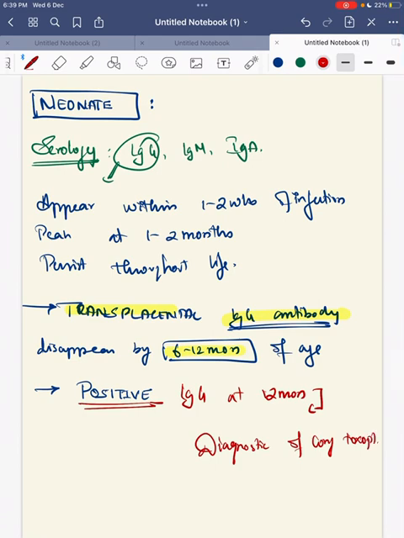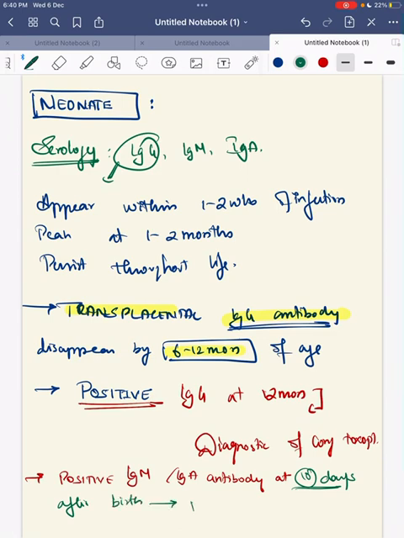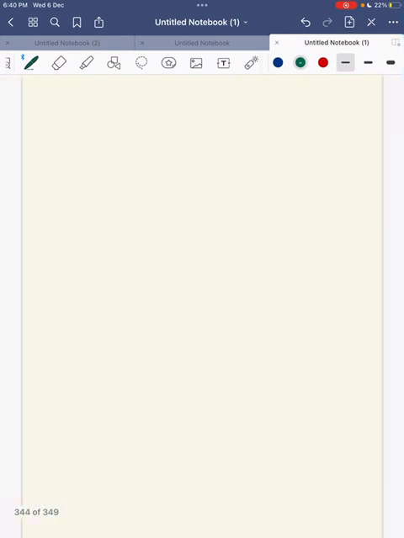Okay. Next, if the neonate has a positive IgM or IgA antibody at the 10th day, that is 10 days after birth, it is also diagnostic that the neonate has congenital toxoplasmosis. Understood? So this is about laboratory investigations of congenital toxoplasmosis.